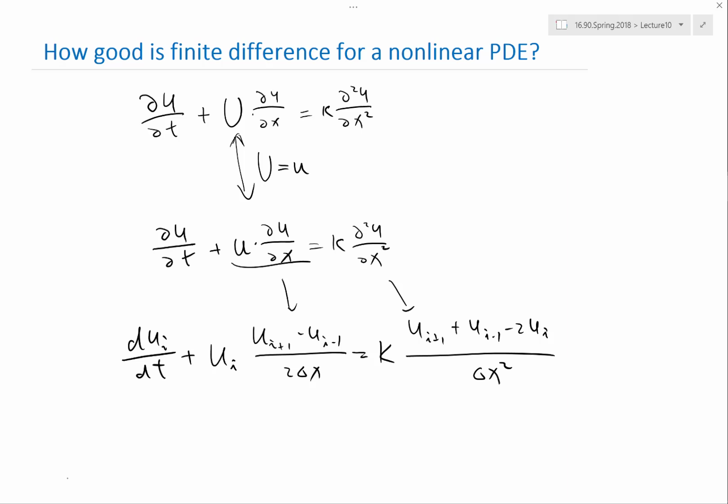That motivates our next lecture on Wednesday, which is how do we use the finite volume scheme to solve equations instead of finite difference.